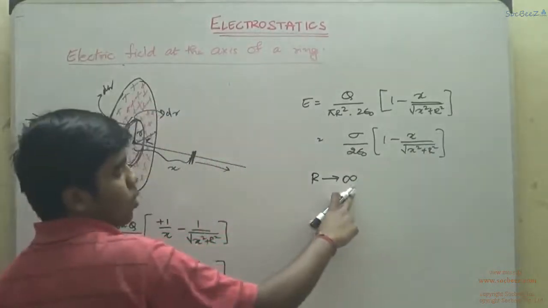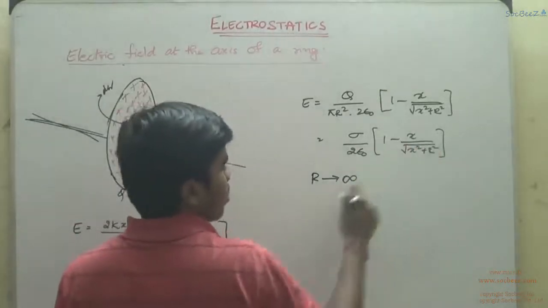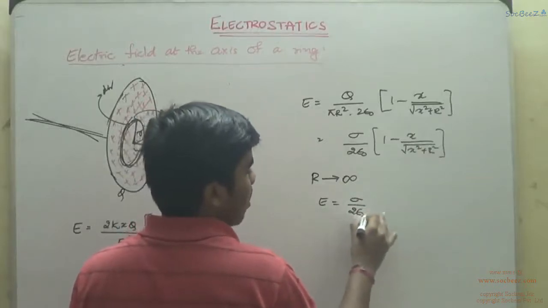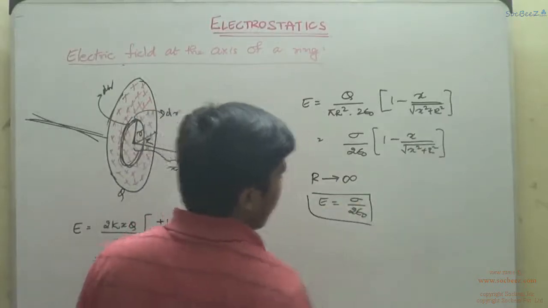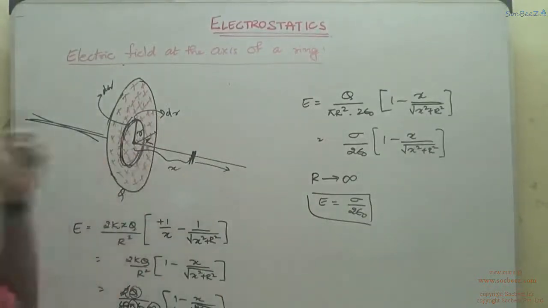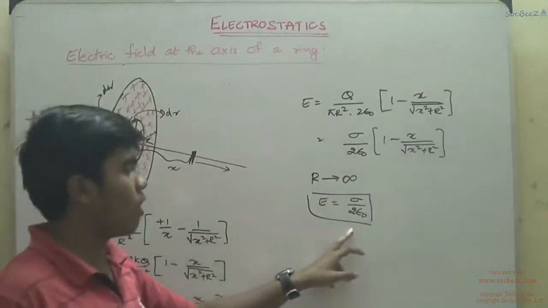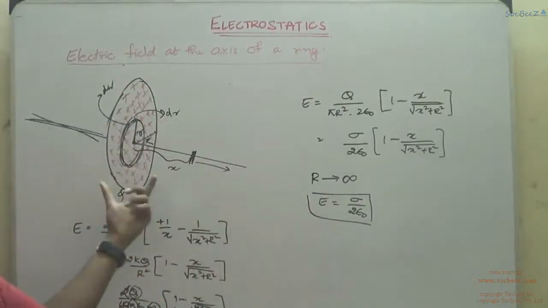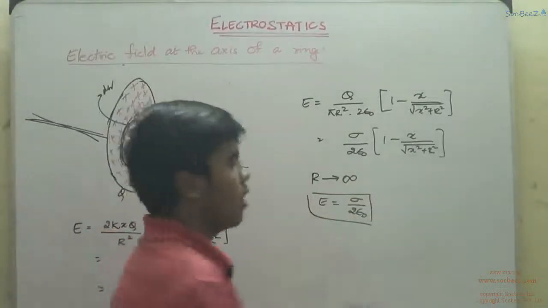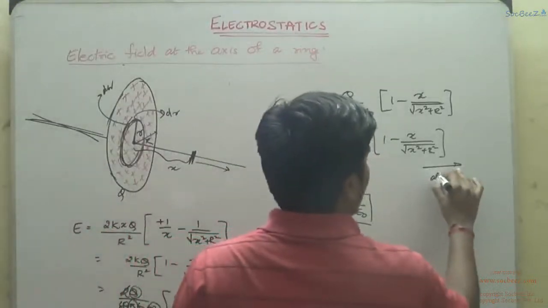So if r tends to infinity, then this term here would tend to 0 and the electric field would become constant and is equal to sigma by 2 epsilon naught, which is the case of an infinite plane. So the electric field at a small distance due to an infinite plane is equal to sigma by 2 epsilon naught, and the electric field due to the disk of radius capital R at a point x on its axis is equal to this, in the direction along the axis.